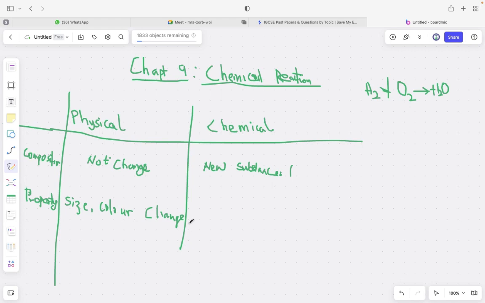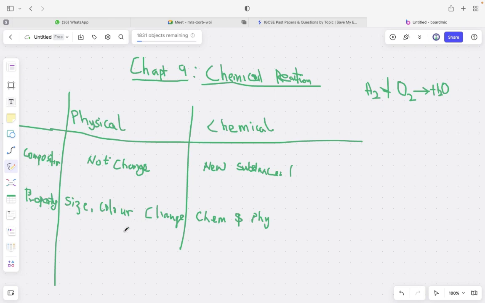In chemical change, both the chemical properties and the physical properties will change, both of them.